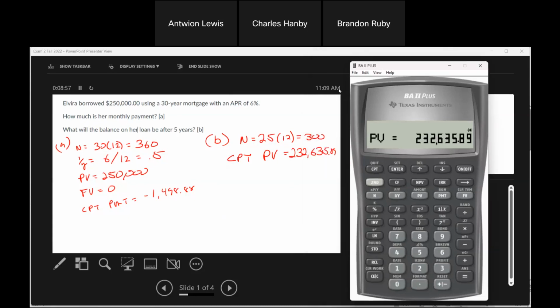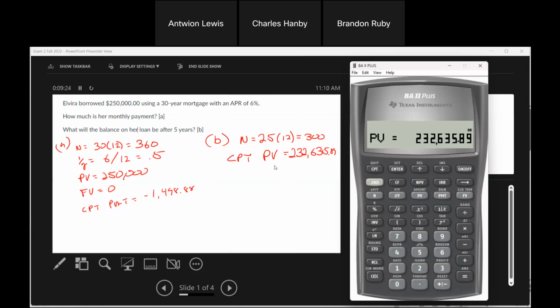It's still kind of strange because it seemed like only about $18,000 is paid off after 5 years. Yes, you're not paying much. But it seems like the interest is higher than 6% though, if that's the case. But it might just be how my mind is thinking about it. It's because you pay compounded.